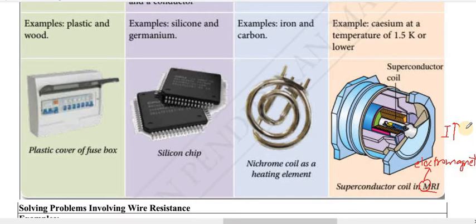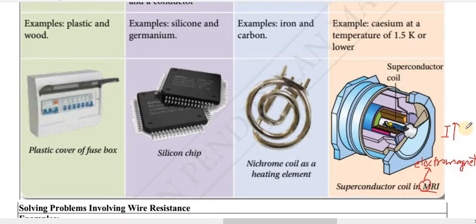But if the current is very high, then a normal conductor will just heat up and melt and break down, understand? Because when the current is too high, the conductor will become very hot. Okay, and then it will melt and get damaged. So in order to produce a very high current, they need to use a superconductor.